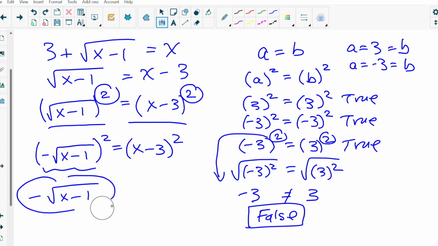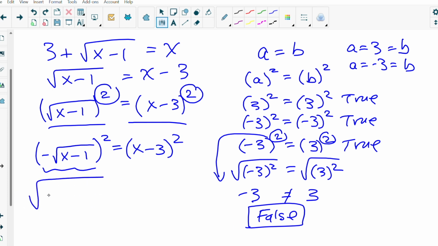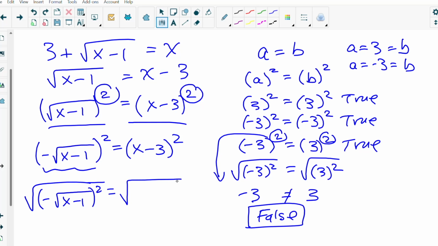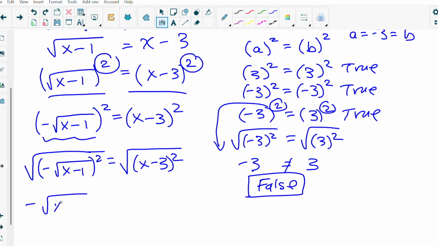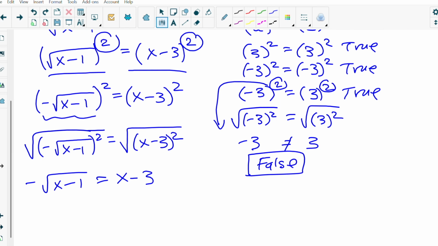So if I back this out, if I take the square root of all of this, this is my result. I get negative square root of x minus 1 equals x minus 3. Remember that extraneous solution?